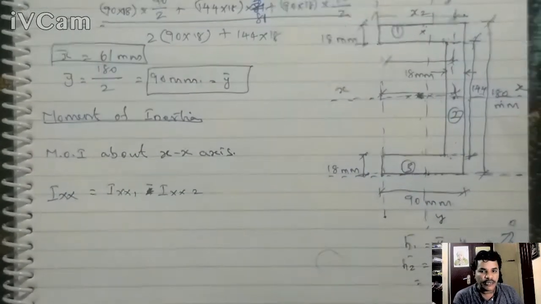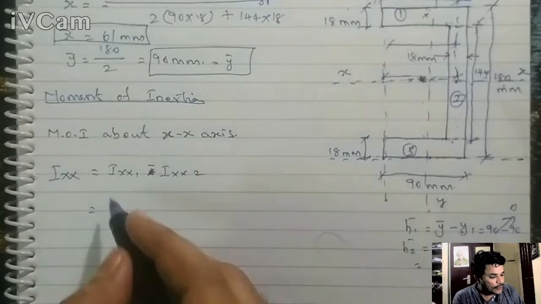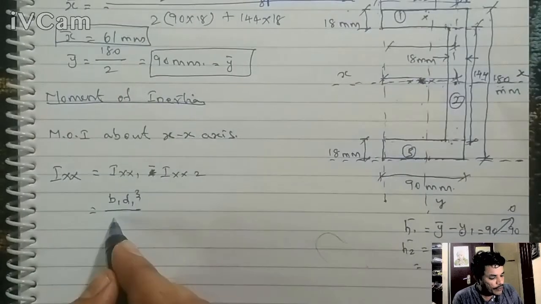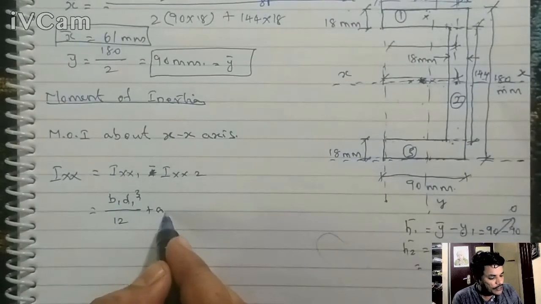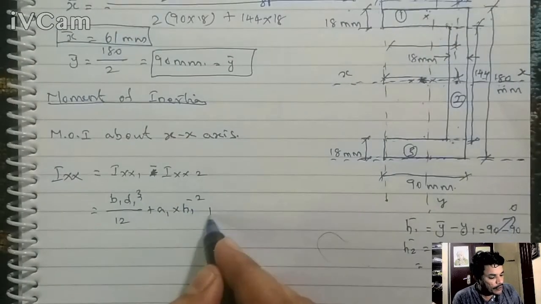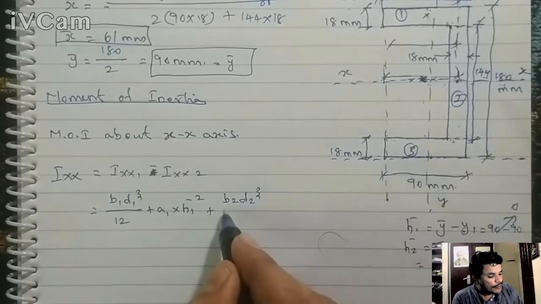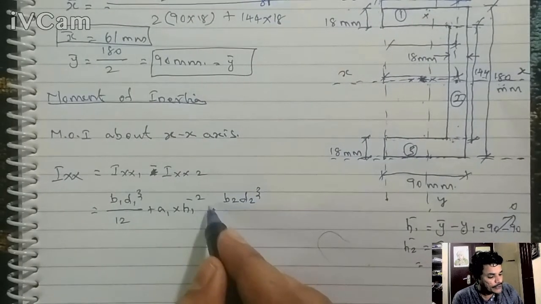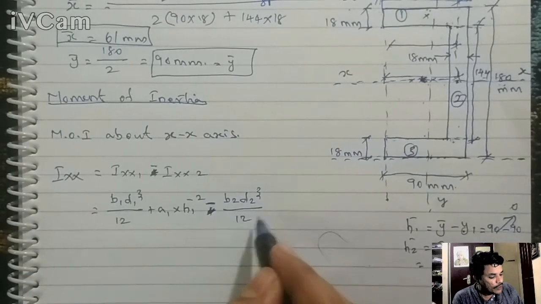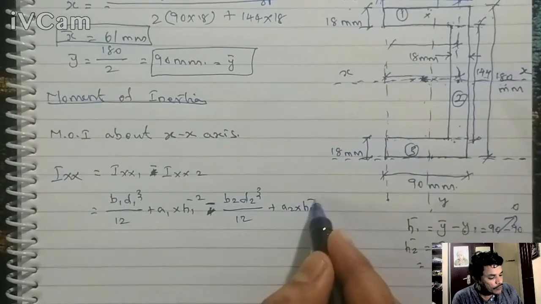So what is Ixx1? That is B1 D1 cube divided by 12 plus A1 into h1 bar square, minus B2 D2 cube divided by 12 plus A2 into h2 bar square.